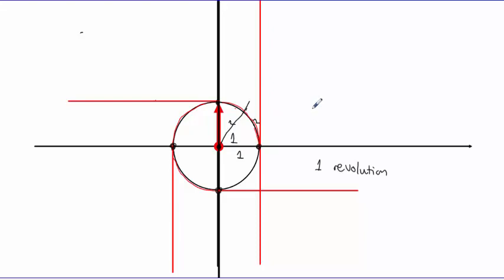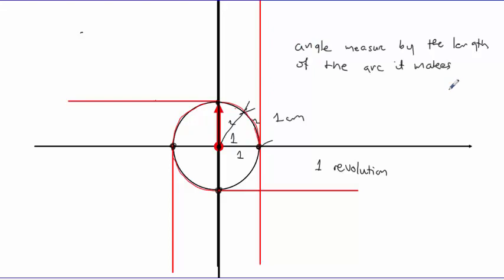The interpretation I want you to have, a very practical interpretation, is that now an angle is being measured by the length of the arc. From this point to that point, the length of the arc is 1. If these numbers were centimeters, we would say that length is 1 centimeter. Yes or no?